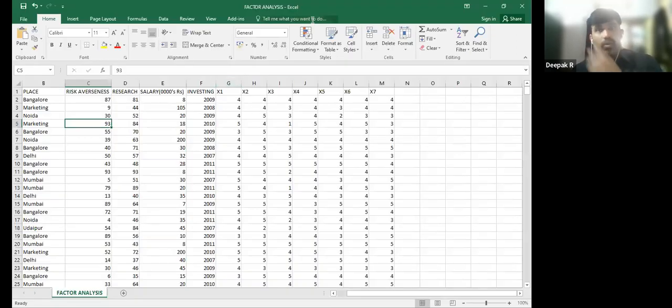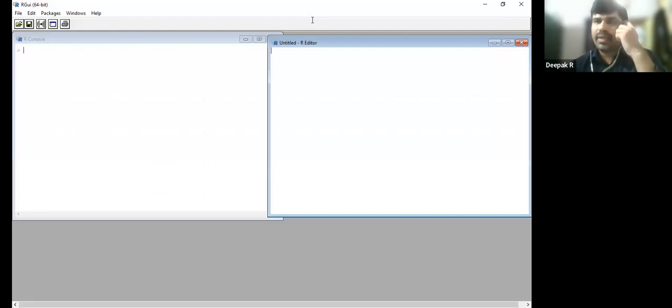Now, since many of you might be familiar with R, I'll just spend another 20-25 minutes, which should be sufficient for you to understand the R interface and the codes. And then I will be able to get the data, and then we'll be able to understand this data much better.